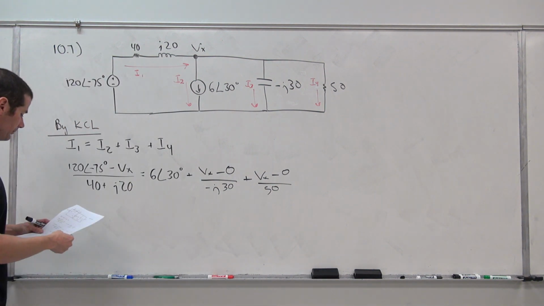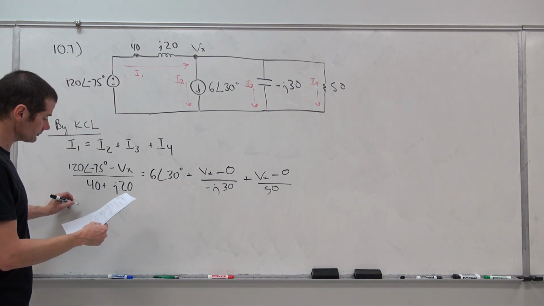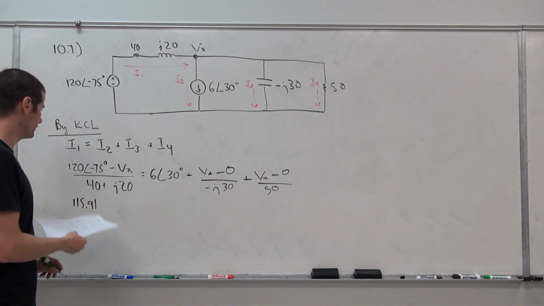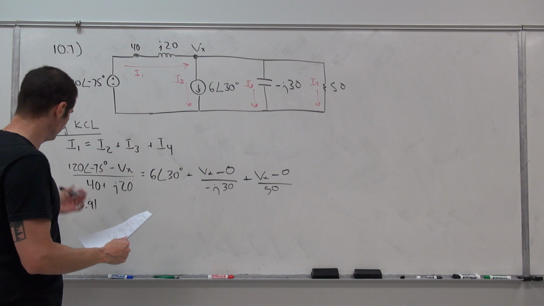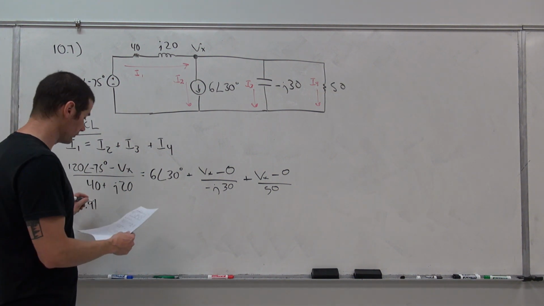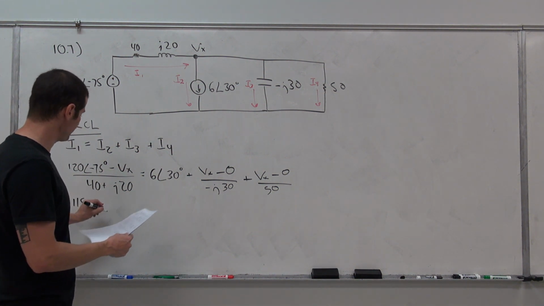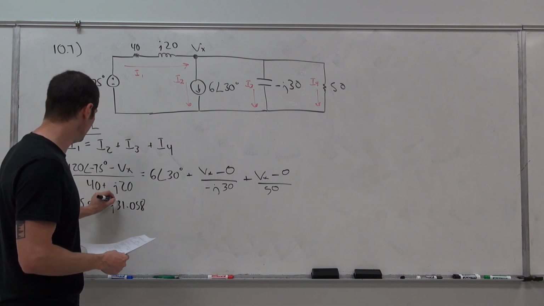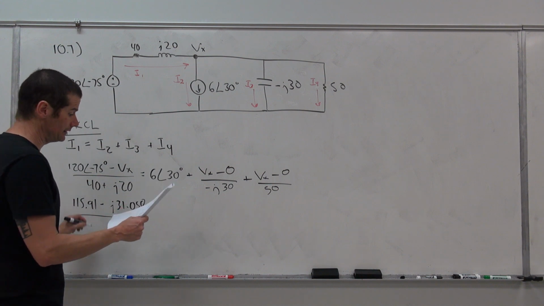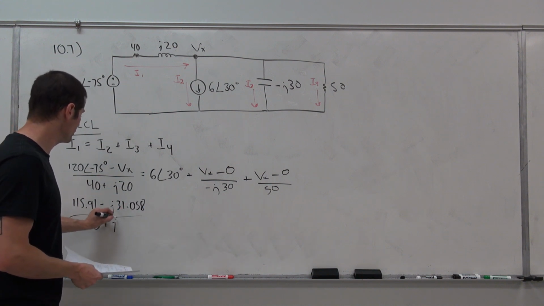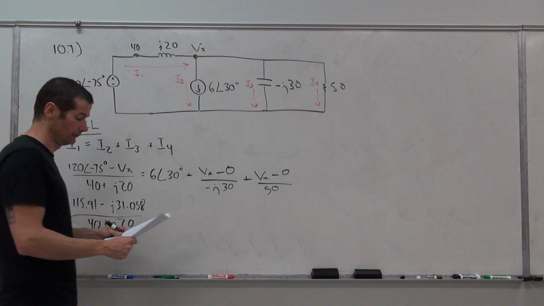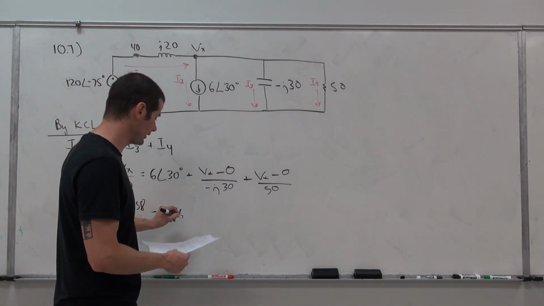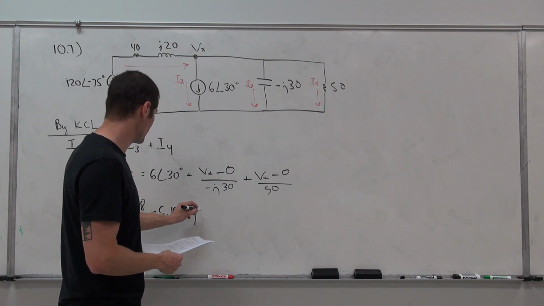So here we break this up in terms of 115.91, just converting that into its rectangular format, minus j31.058, divided by 40 plus j20, minus 5.196 minus j3.